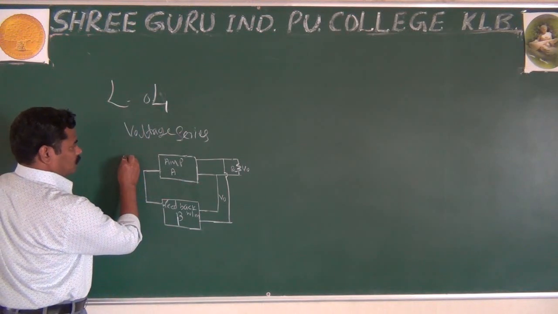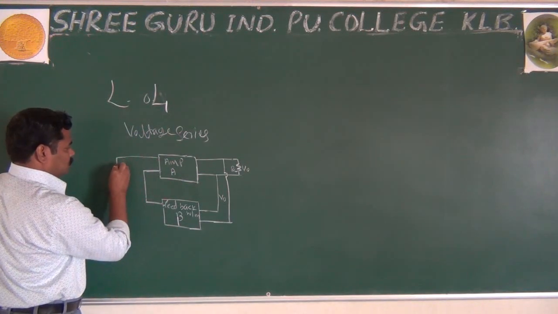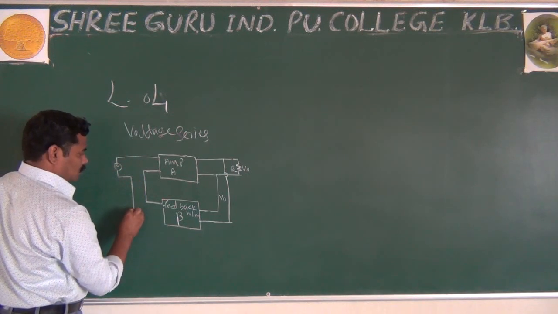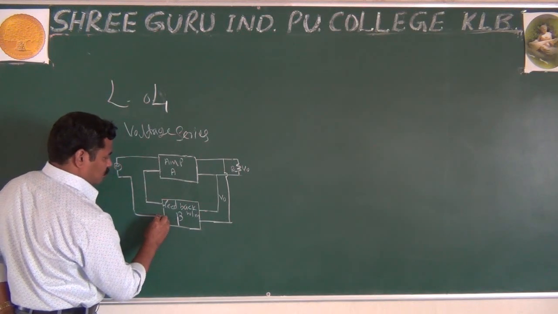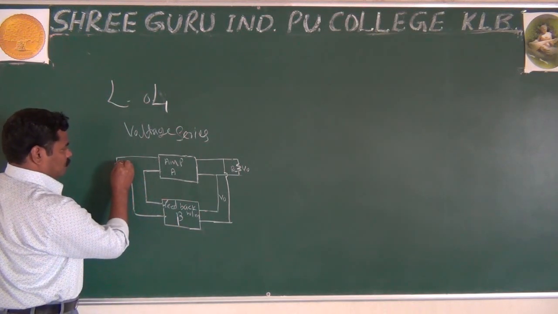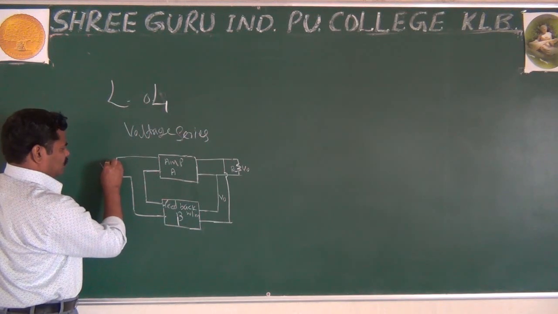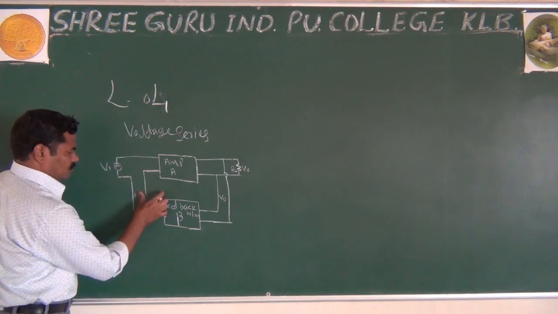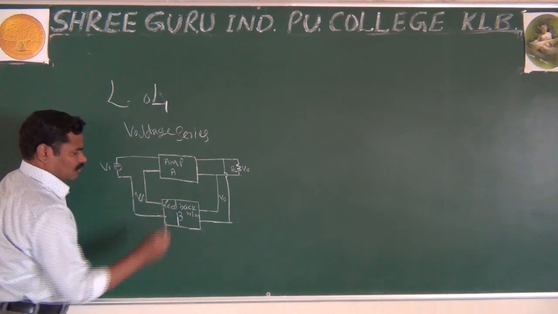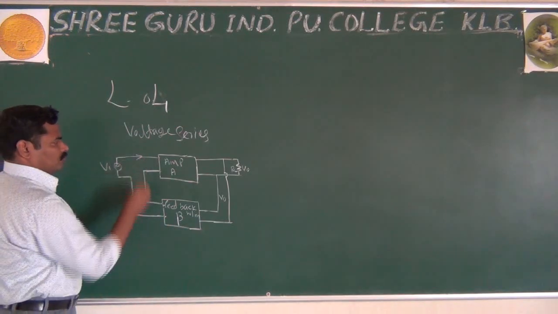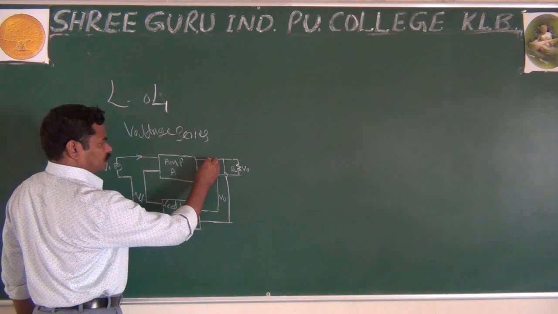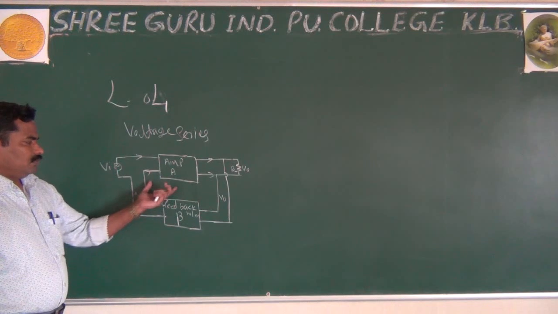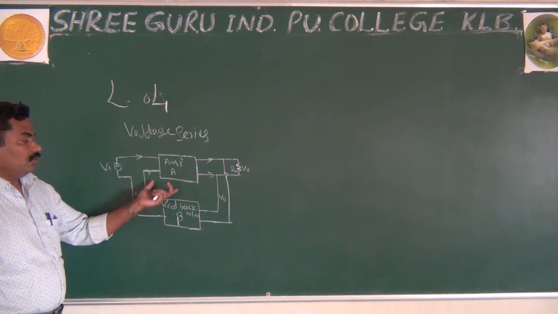Here you are using a voltage source, this is your VS, and this is your VL, as you studied in the last class. This is the block diagram of your voltage series feedback topology.